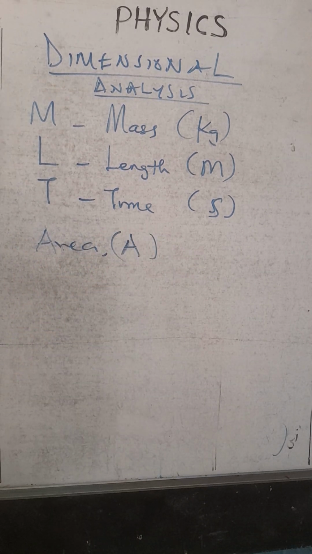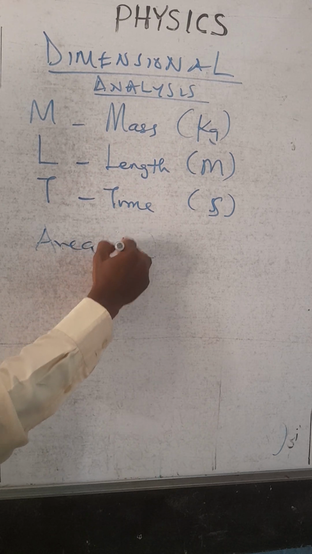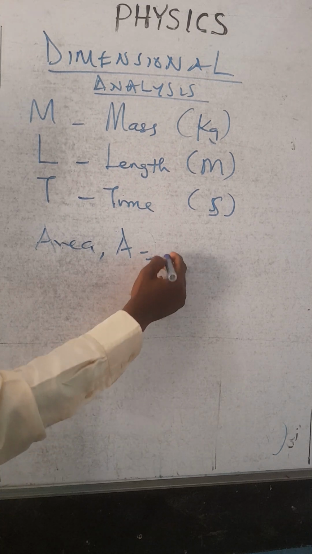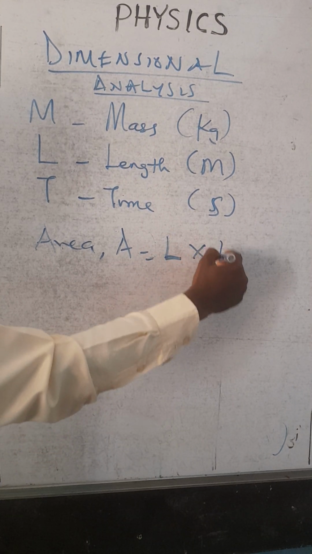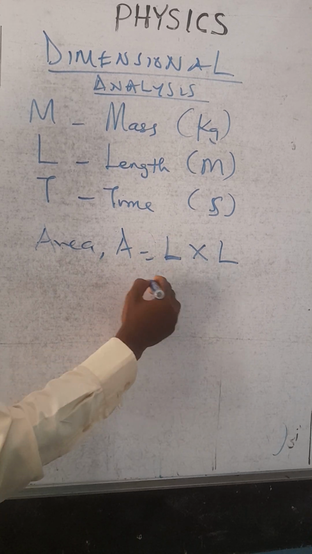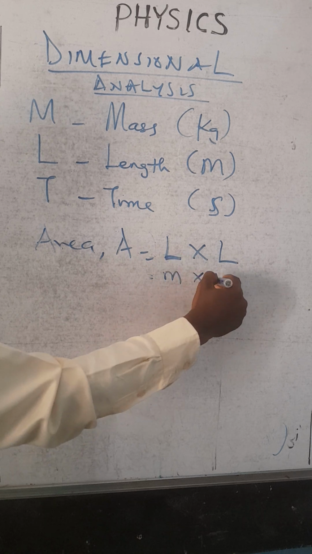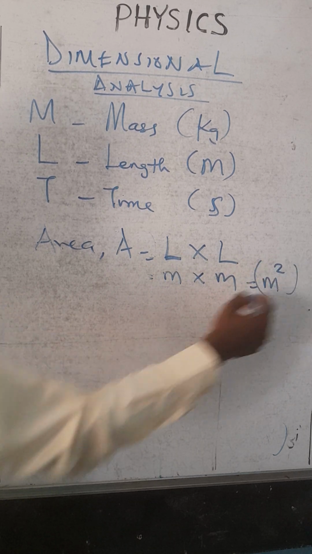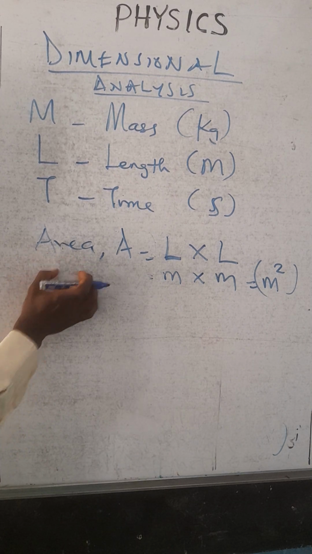Area is measured by length times length. Length is in meter, and that gives us meter squared. That is the derived quantity, area.